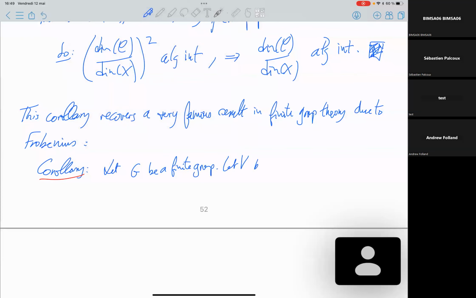Let V be an irreducible representation of G, then the dimension over the field, which should be the complex field, or in general an algebraically closed field of characteristic 0. So the dimension of an irreducible representation divides the order of the group.